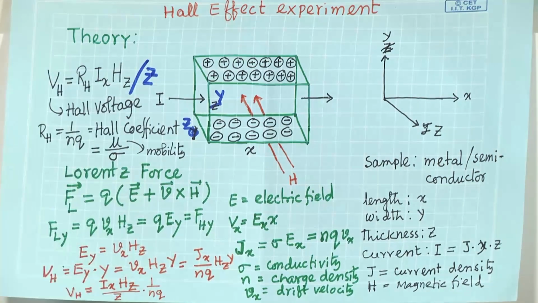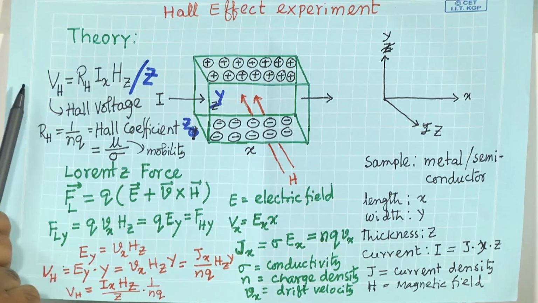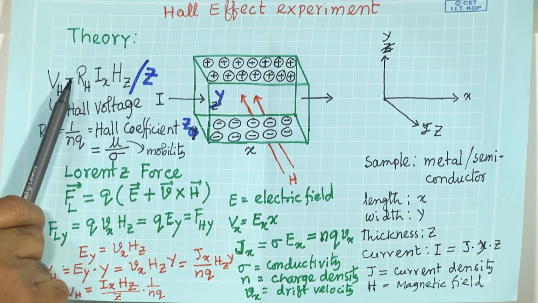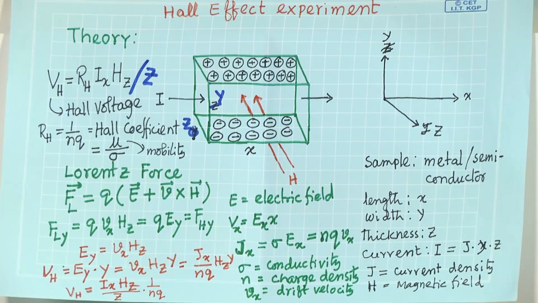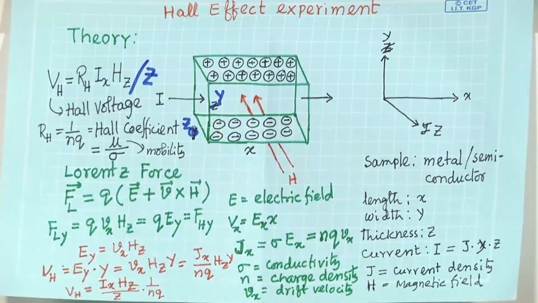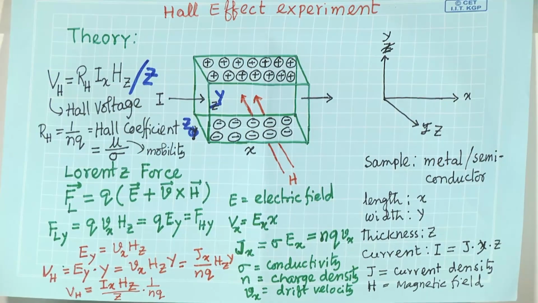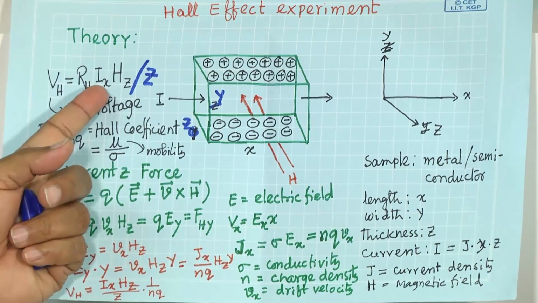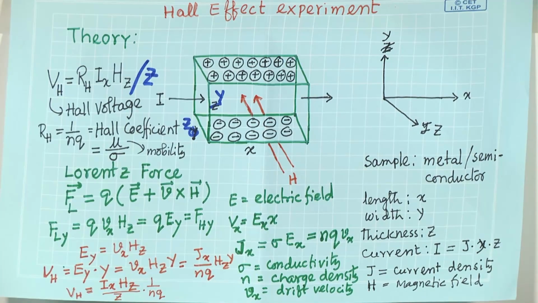So from this expression, as I mentioned, this Hall voltage will depend on the Ix current, the constant current going to the sample along the x direction. This Ix generally we keep constant at an optimized value.